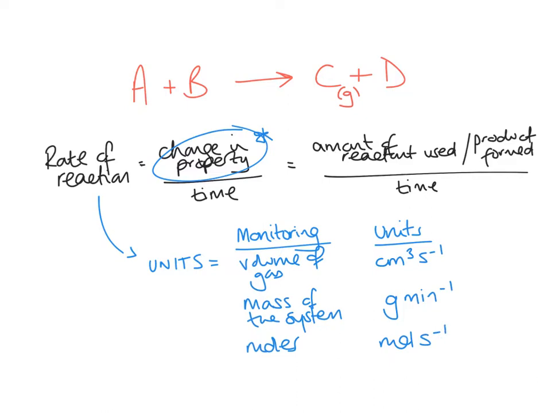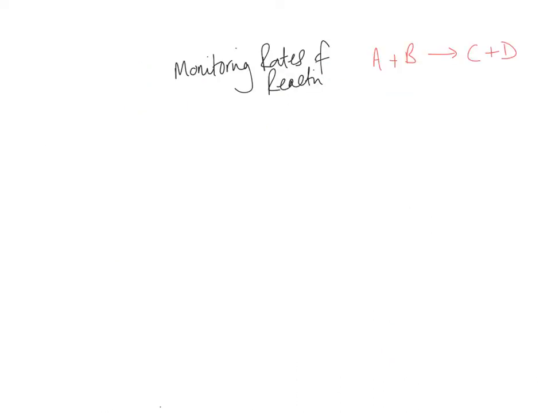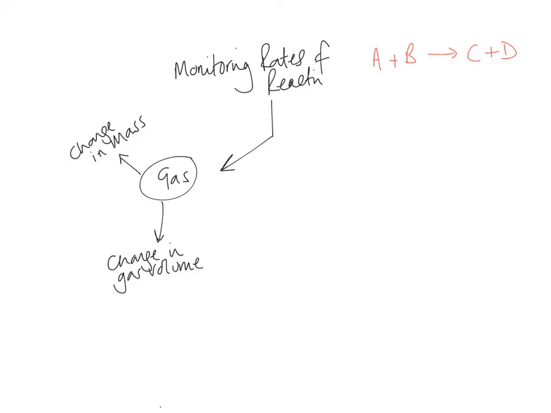So next we have to start thinking about how we monitor the rate of reaction of, say, a typical one such as A + B going to C + D, and this all depends on what situation we're looking at. For example, if A, B, C or D are a gas, we can track how the volume changes or how the mass changes of the whole system.